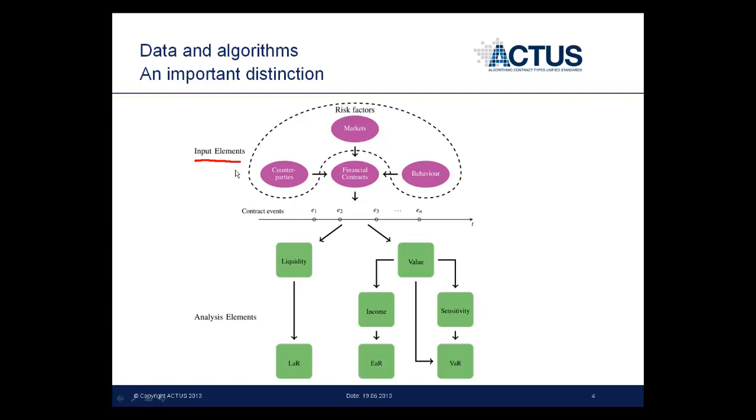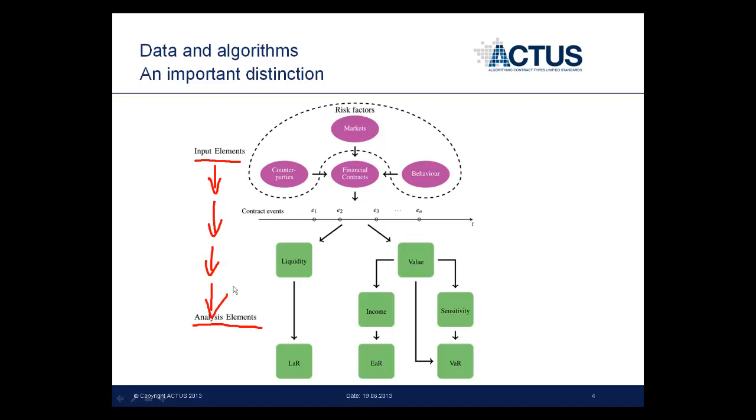As we showed in the previous slide, financial reports are made up of what we call here analysis elements. Between the two layers lies a long series of deterministic steps. So we go down here.